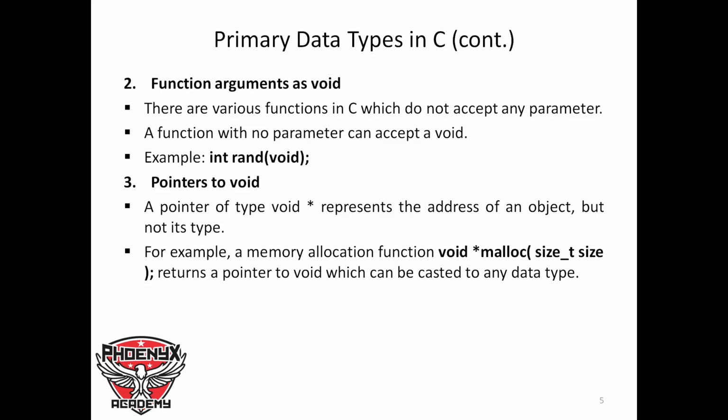Another example is int rand void. Function rand has a return type of int, however it doesn't need any argument. When we call it, we don't need to pass any argument to it, which is why in the function definition we specify the parameter as void.